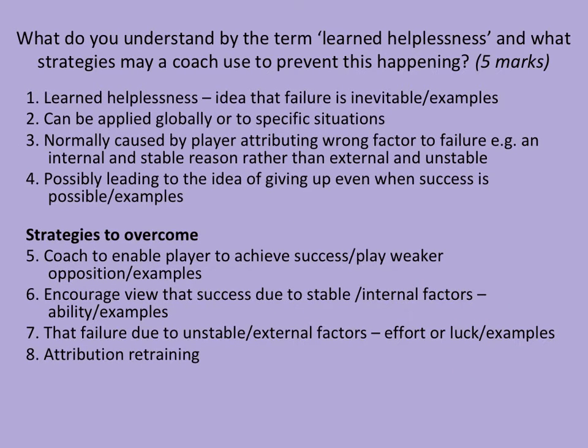So here's a typical question. We can see that learned helplessness is a topic that the exam board do quite like to ask about, and also around the strategies that we can use to prevent learned helplessness. So you can see that the main answers are around a description of what learned helplessness is, looking at global and specific, and how we get there.